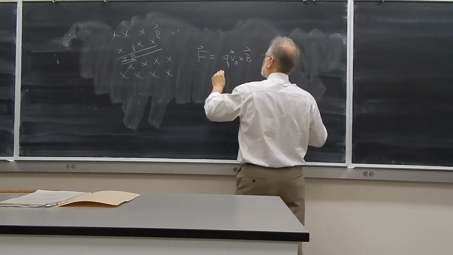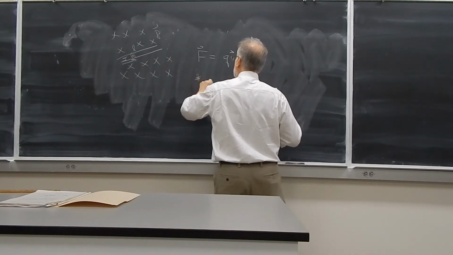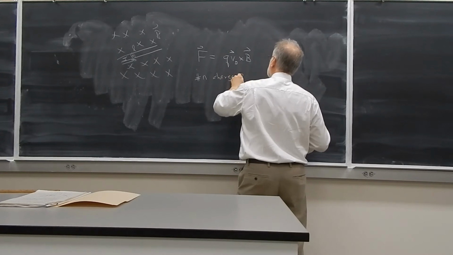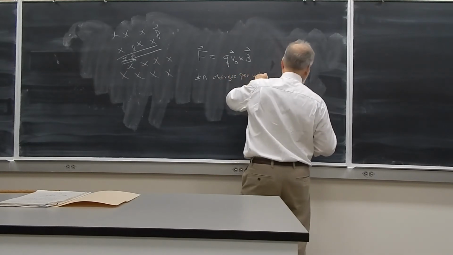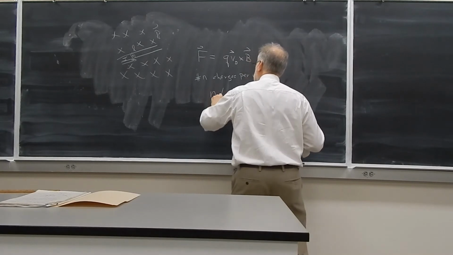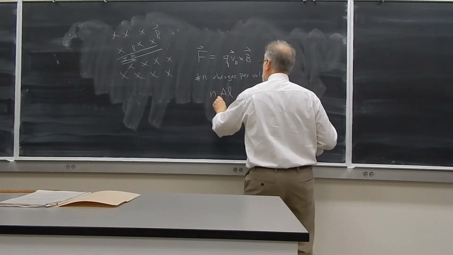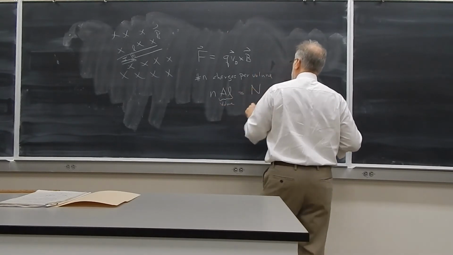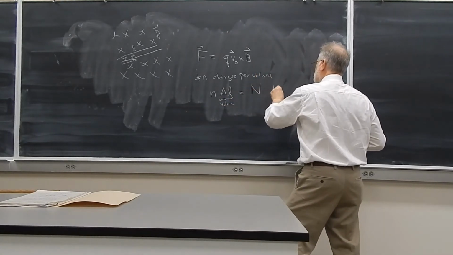Suppose I have a number n of charges per volume such that n times the area times the length of the wire will give me capital N, the total number of charges.